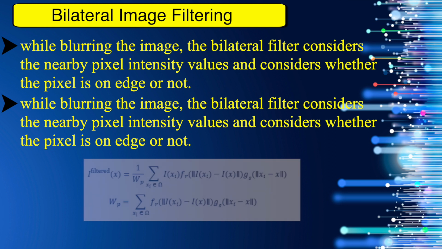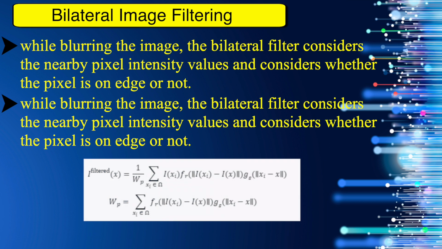So the equation for the bilateral filter is given by: the filtered image is equal to 1 upon Wp, where Wp is the weight, times the summation over x_i in omega of I(x_i) f_r(||I(x_i) - I(x)||) g_s(||x_i - x||). Here g_s is the Gaussian function, and Wp is also calculated by, as I told you, taking the Euclidean distance, Gaussian function, depth distances, and photometric distances.